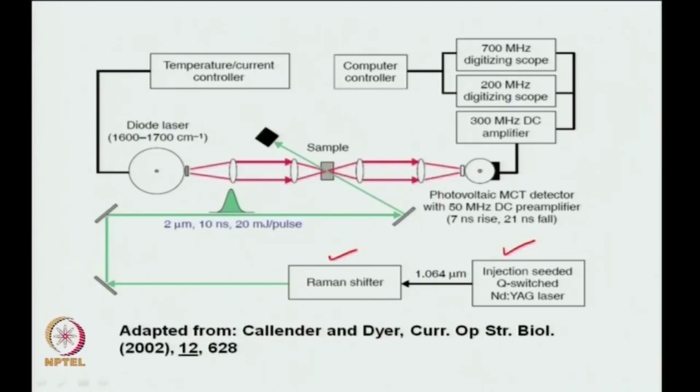For Raman spectroscopy there are two kinds of lines. What are the two kinds of lines you get apart from the Rayleigh one? Stokes and anti-Stokes, right. Now, remember, where does D2O absorb? I said 1.9 micron. So, I have to go from a wavelength of 1.064 micron to a wavelength of 1.9 micron.